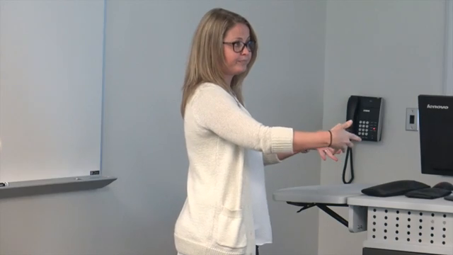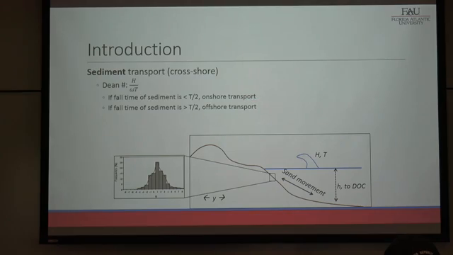So waves move in this sort of circular orbit. And so the idea of the fall speed is if the sediment is heavier than half of that orbital, it'll fall out of suspension and move onshore. If it's lighter or smaller, as that wave orbital drifts back offshore, that sediment will also be pushed offshore. So this is a relationship of predicting onshore and offshore transport according to how large or heavy that sediment is.